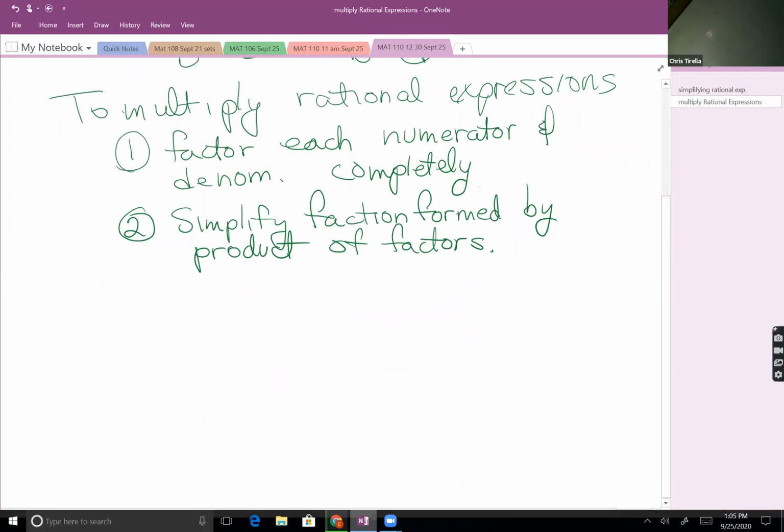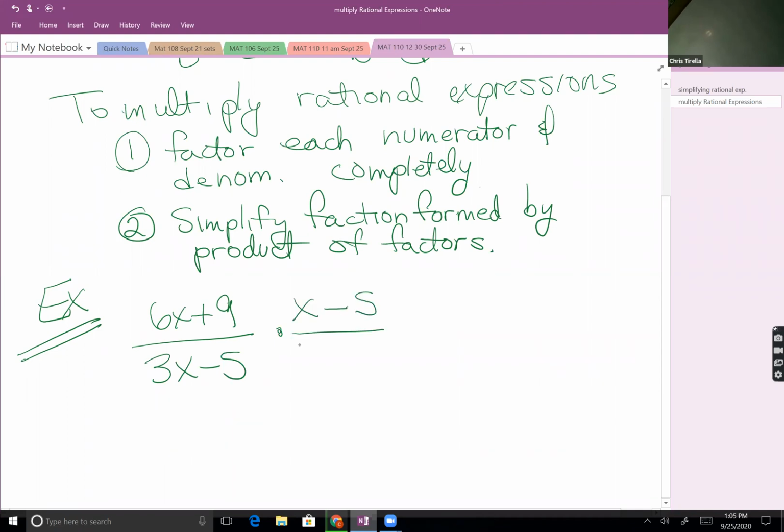What you really need to remember is, if you see a multiplication problem, what you should really be seeing in it is 4 factoring problems. What do I mean by that? If I look at 6x plus 9 over 3x minus 5 times x minus 5 over 4x plus 6, I like to say that fractions are fun if you factor first.